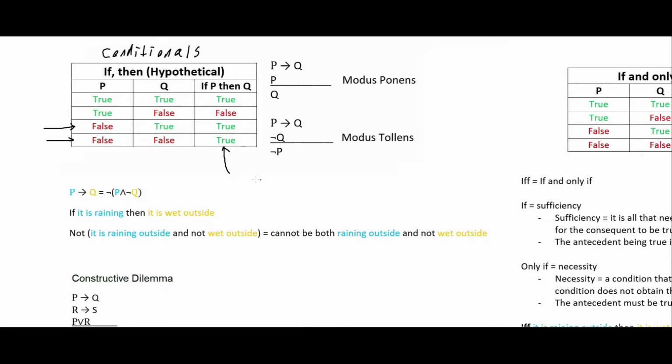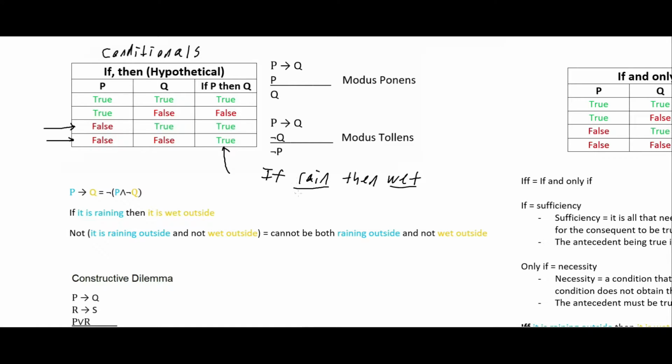Say if it's raining, so if rain, then wet is true. If we affirm the antecedent, then it's wet.